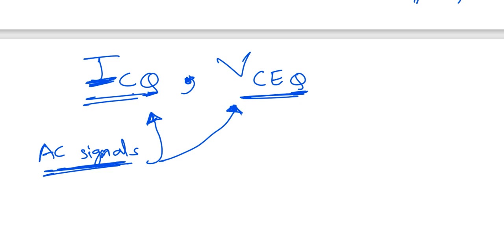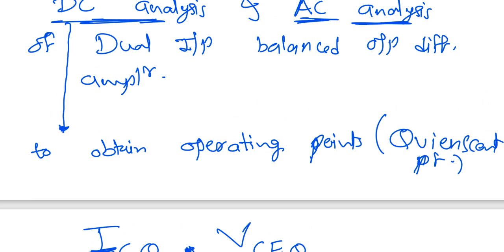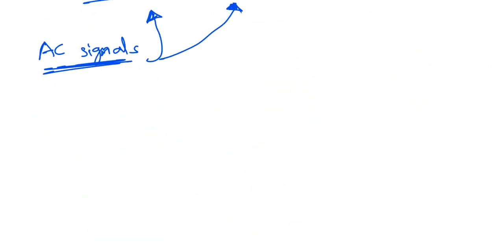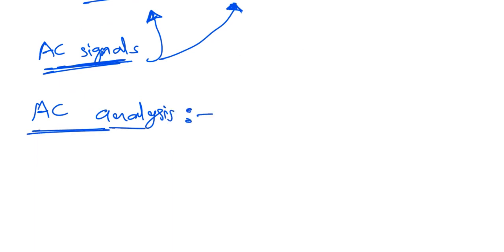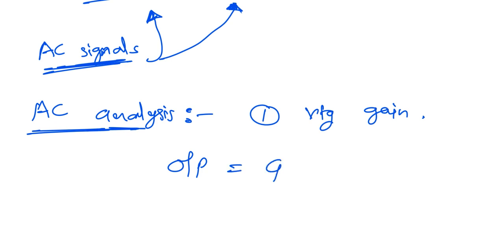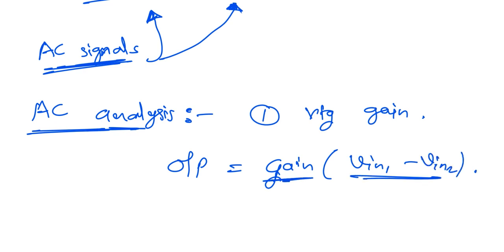Now, what is the purpose of AC analysis? Whenever we perform AC analysis, we will obtain the voltage gain. That means how many times the output is of the difference between the two inputs. So we will obtain this gain expression.